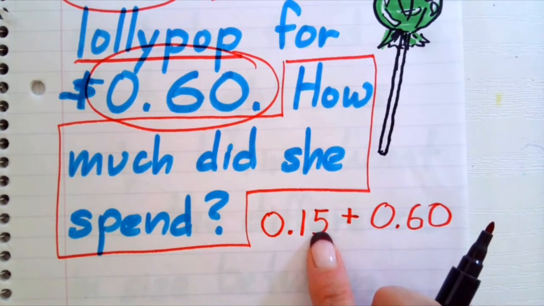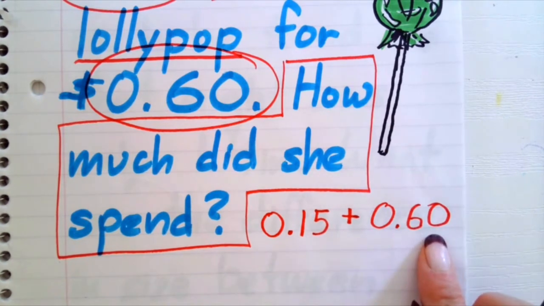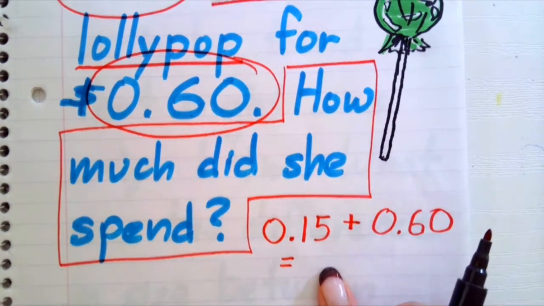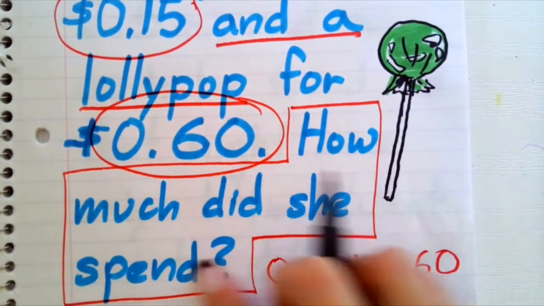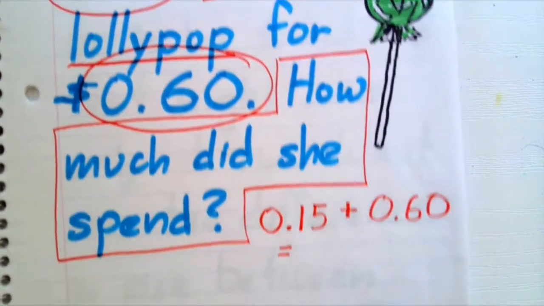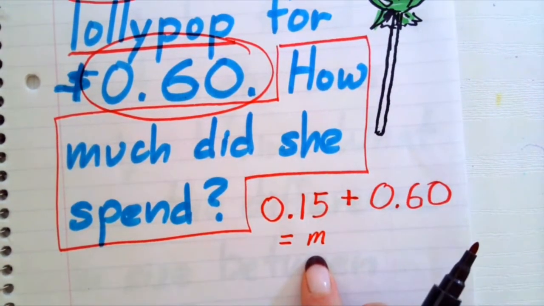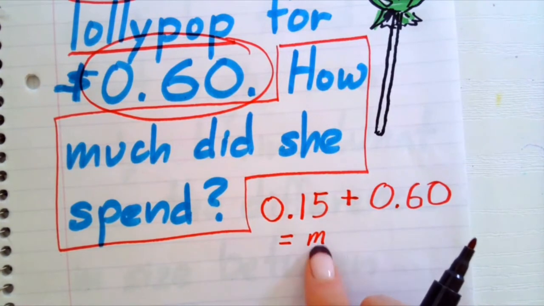We can just say 15 hundredths and 60 hundredths. What letter can we use for the unknown, the amount she spent? I'm going to use an M for money. That is the amount we're trying to find out.